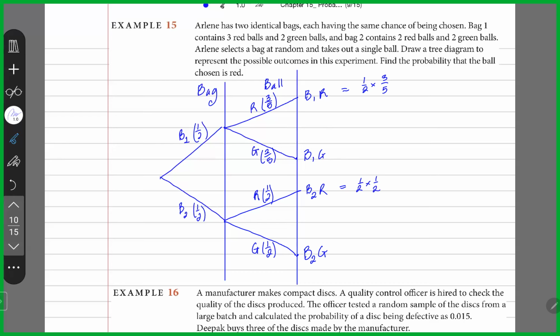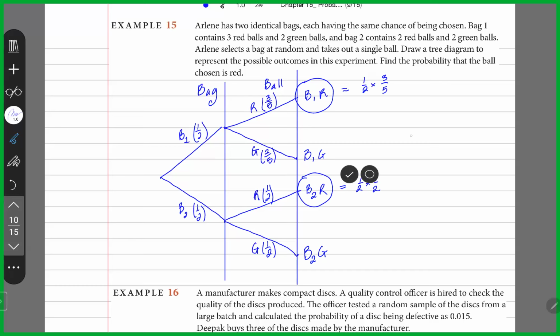Now, the question we're asked is to find the probability that the ball chosen is red. So you have 2 options for red. You have bag one red, and you have bag two red.